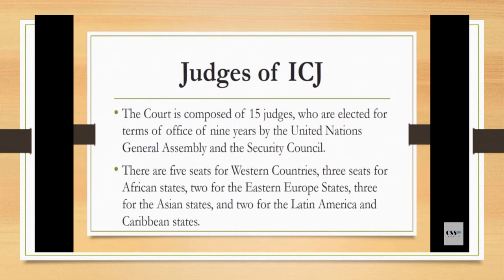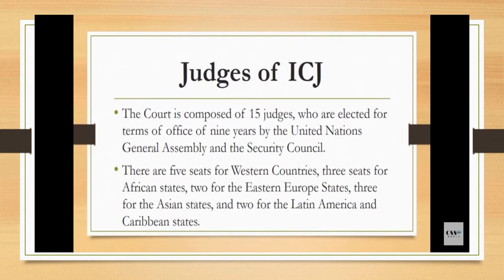It is the responsibility of the member states of the United Nations, who are of course members of the General Assembly as well as members of the Security Council, to elect those judges, and they are elected for a term of 9 years.